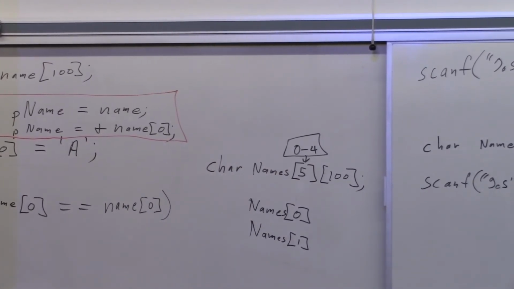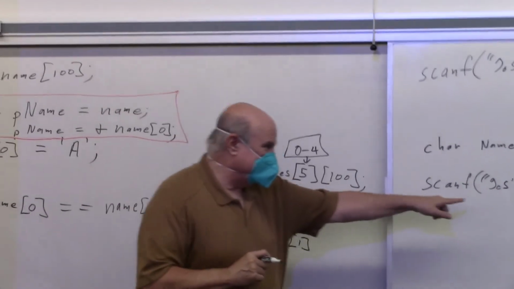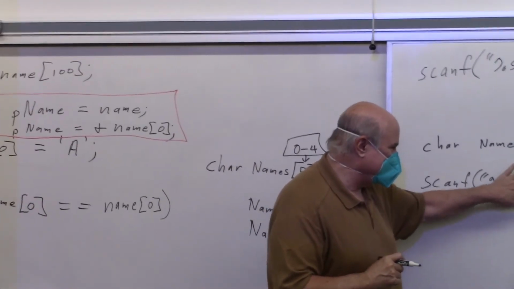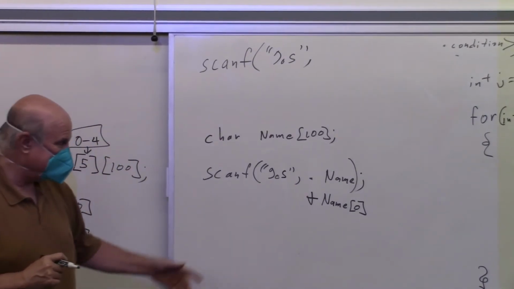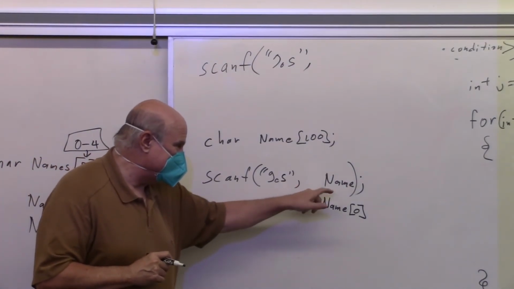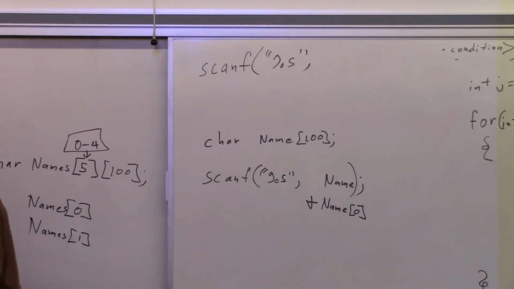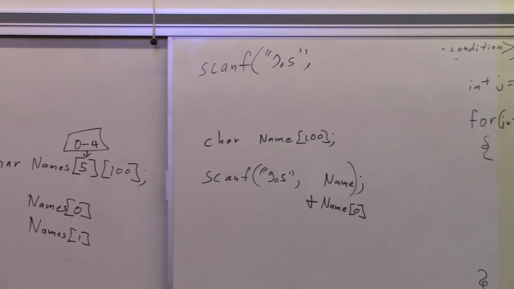The people who were asking me why this didn't work, hopefully you now understand why. Because it's the same thing in the multidimensional case. You have to pass it name sub 0 and you still have a pointer. And that's where it's going to put the data that it reads in via the scanf.